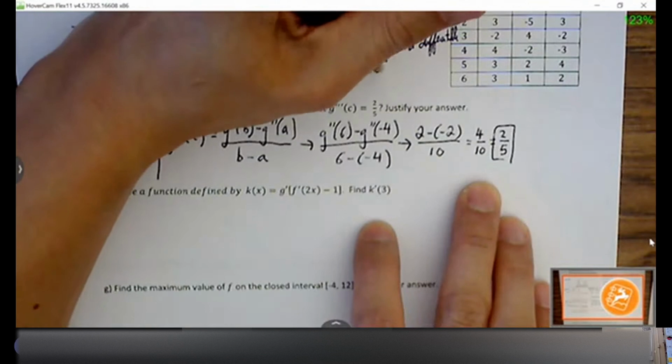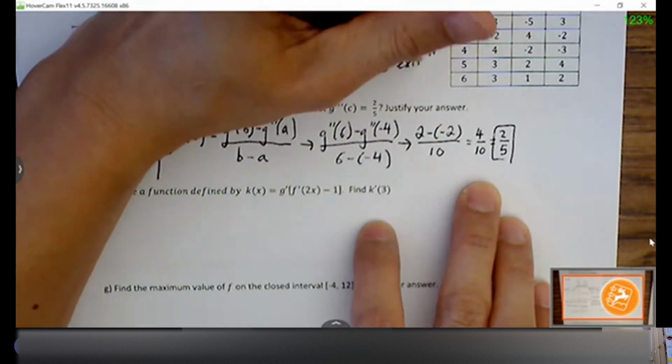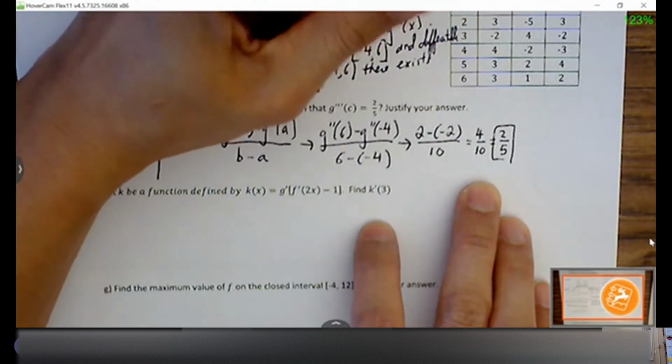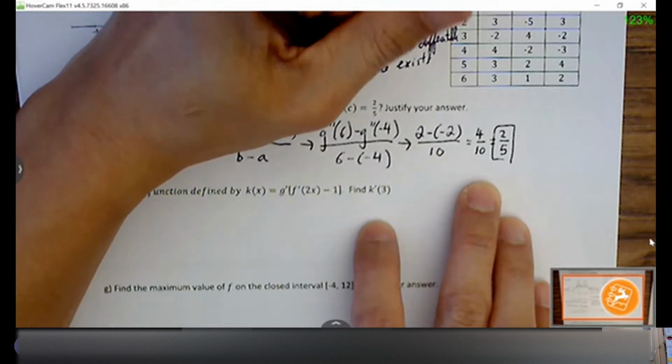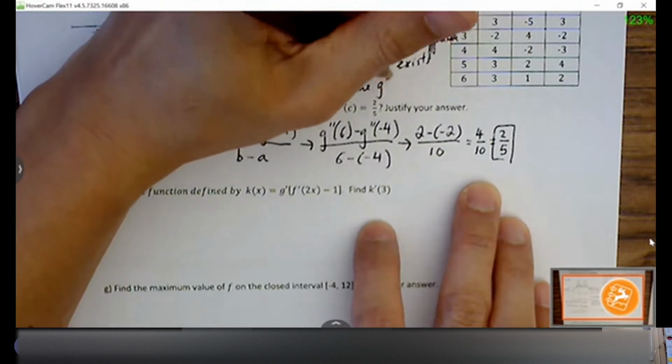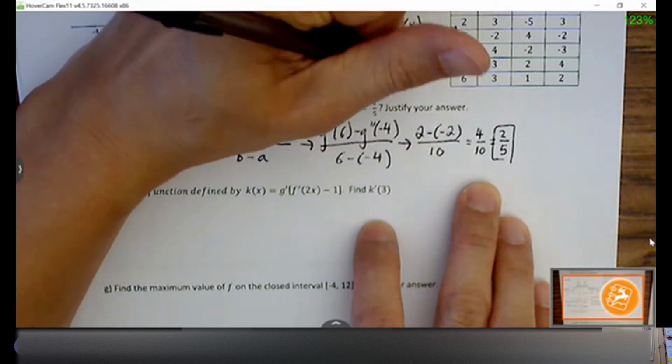Okay, there exists a value c where G triple prime of c is equal to 2/5.